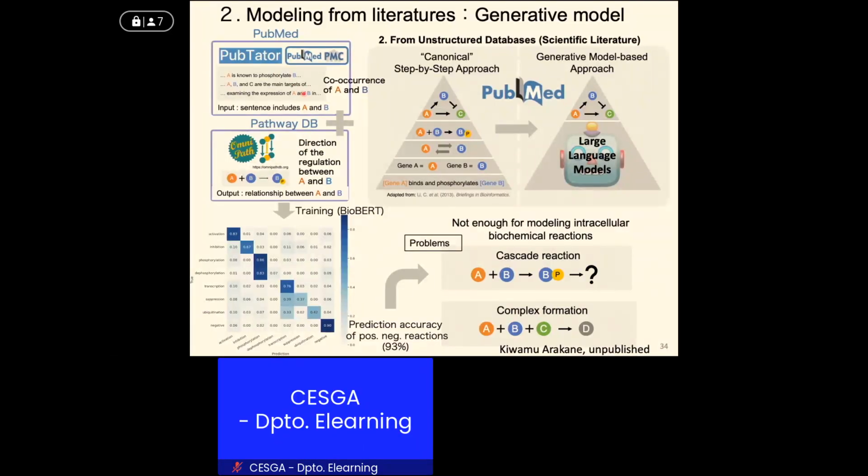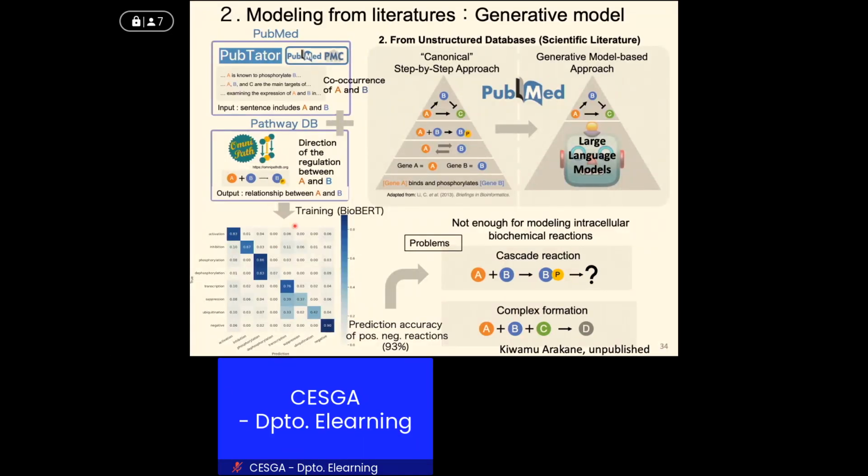PubData is used to extract the co-occurrence of A and B, and OmniPath, the pathway database, contains the regulation of these two genes. So by combining these, we can extract the co-occurrence of A and B, and then we can estimate how A regulates B or something like that.